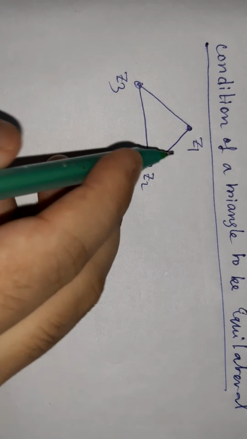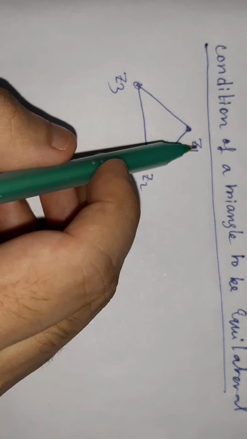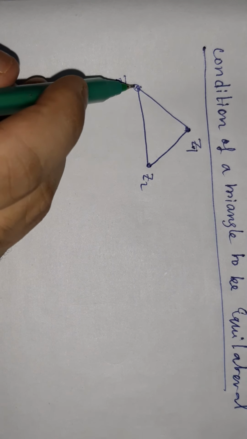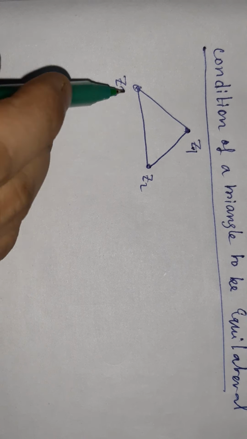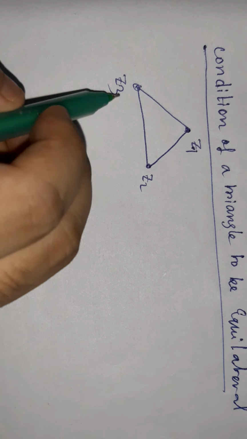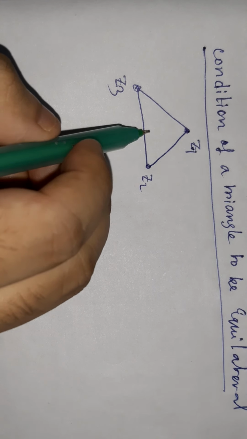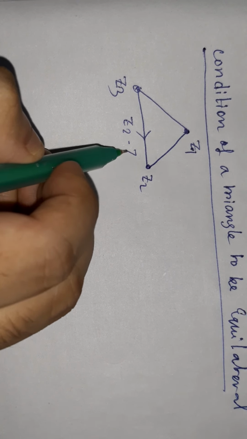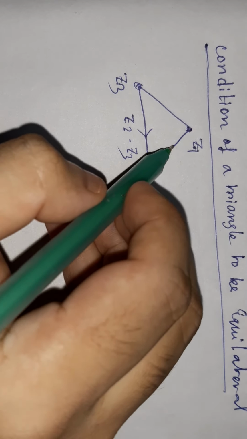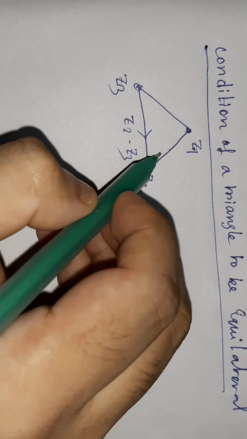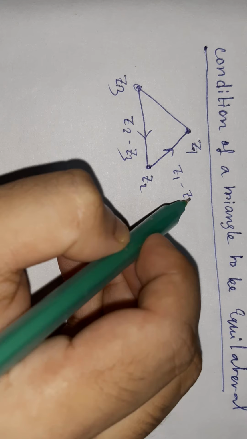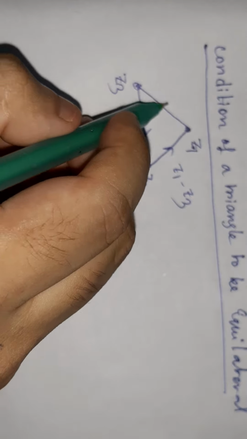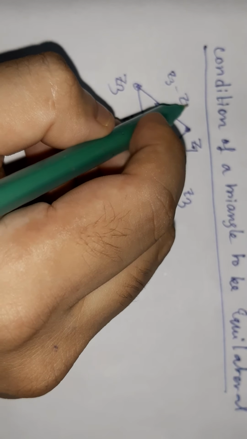Since these are points in the complex plane, we can consider the vectors corresponding to them. The vector from z3 to z2 is z2 minus z3. The vector from z2 to z1 is z1 minus z2, and the vector from z1 to z3 is z3 minus z1.